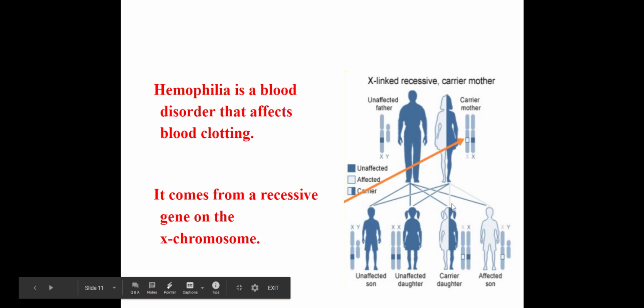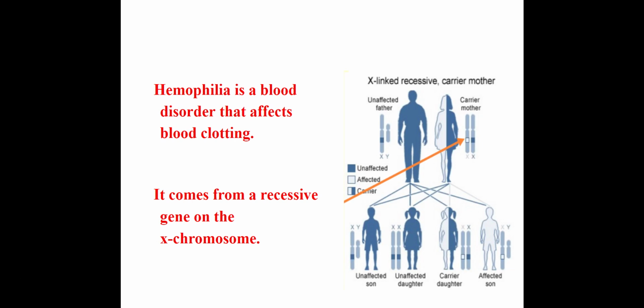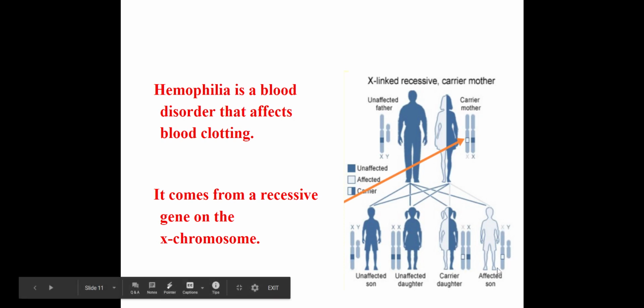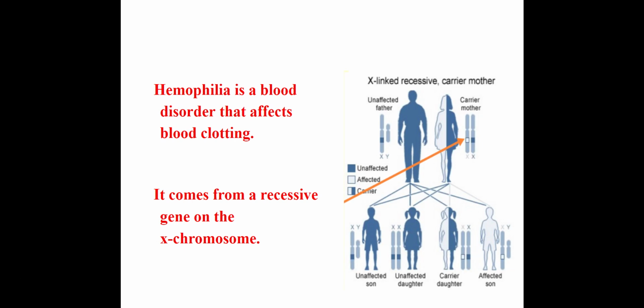So it's not that girls don't ever have these sex-linked traits. Color blindness is another example along with hemophilia. It's just not as likely because they have to get the two copies of it. Usually it shows up more often in males because you only have to get one copy of it because they've got the X and Y chromosome. It's carried on that sex chromosome.